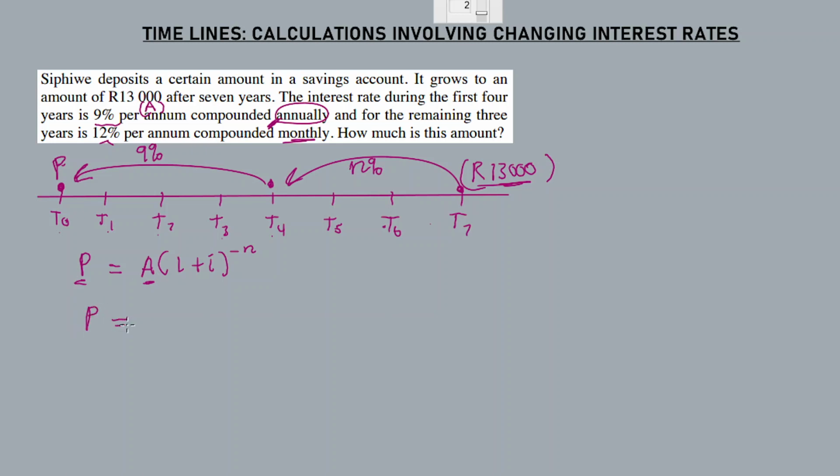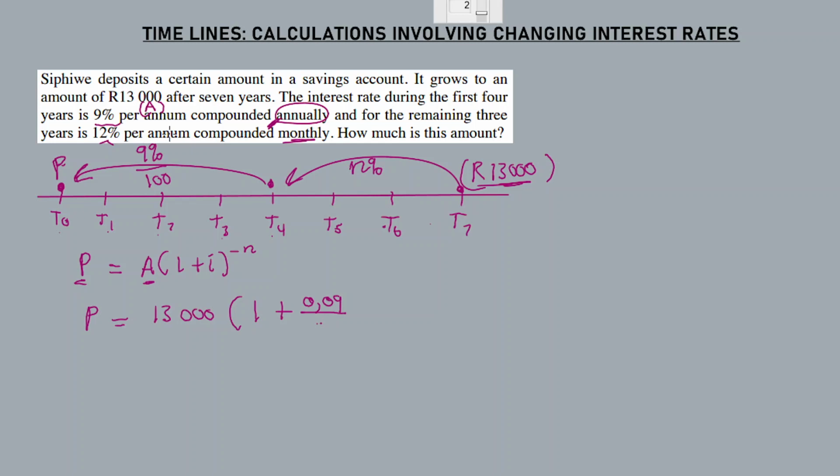So for the present value, this time you take 13,000 times bracket 1 plus the interest for the first 4 years, which is 0.09. We divide 9% by 100. The first 4 years is 9% per annum compounded annually.